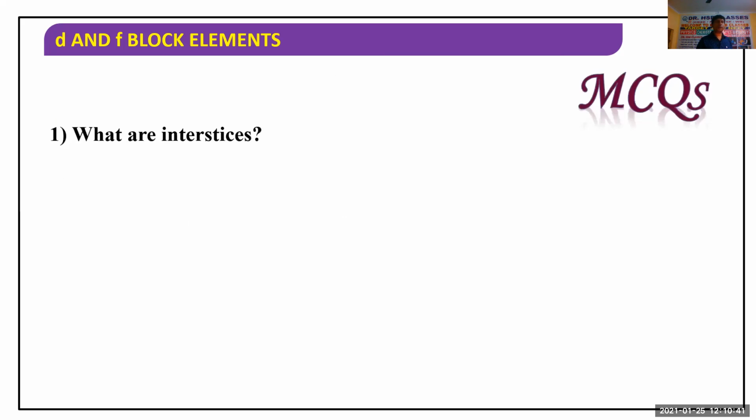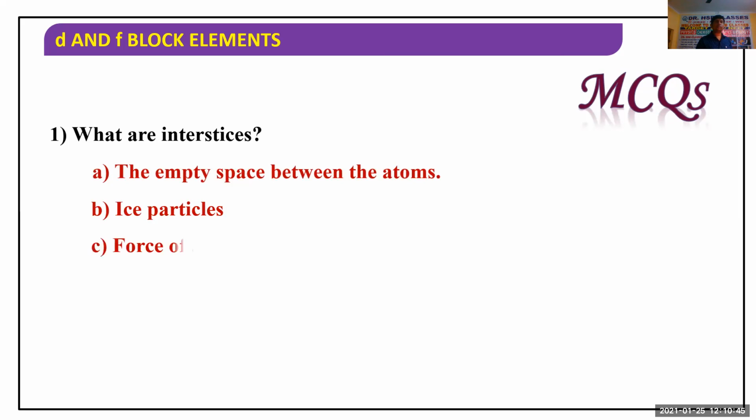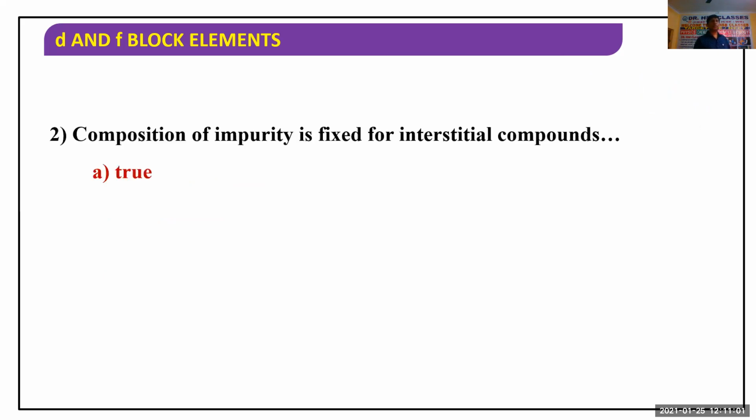So, what are the characteristics? So, what is this? The empty space between the atoms or ice particles or force of attraction? None of this. So, empty space. The composition of the impurity is fixed for the interstitial compounds. Which one is correct?